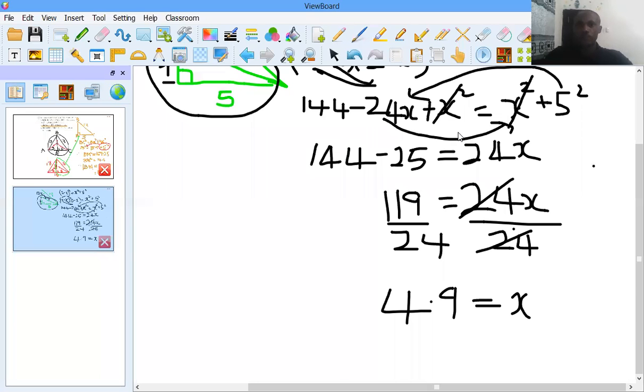All right, so we have x equals 4.9, which is approximately, to the nearest whole number, x equals 5 centimeters.